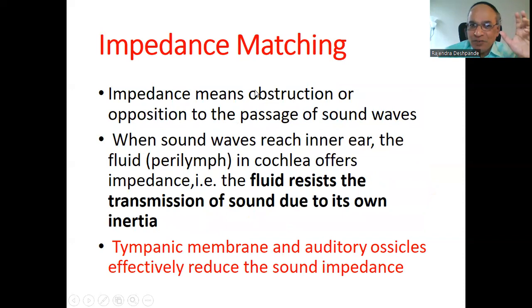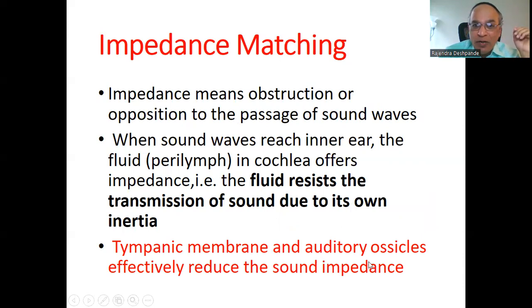Impedance means obstruction or opposition to the passage of sound waves. When sound waves reach the inner ear, the fluid, the perilymph in the cochlea, offers impedance, meaning obstruction. The fluid resists the transmission of sound waves due to its own inertia, laziness; fluid doesn't want sound waves to pass.